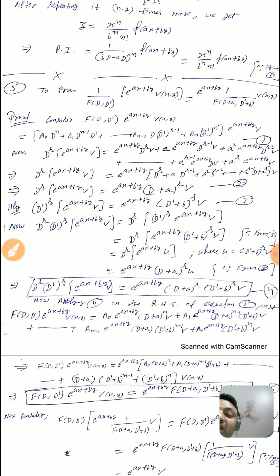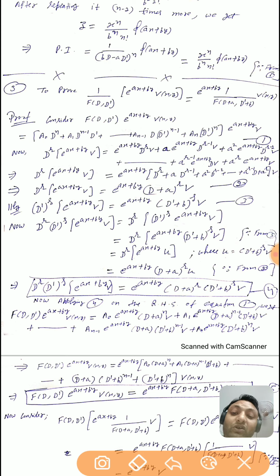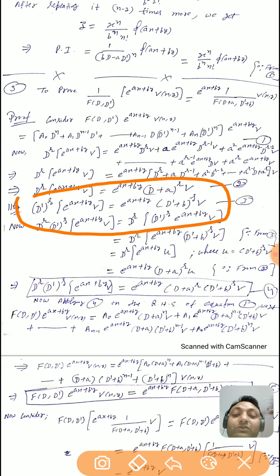Similarly, when we apply the same result with d dash instead of d, we will get d dash instead of d and b instead of a. That is result second and third.